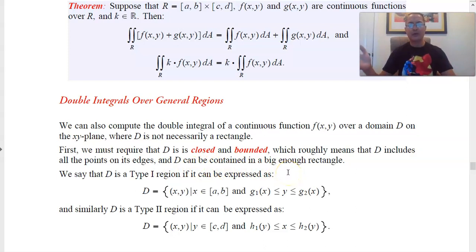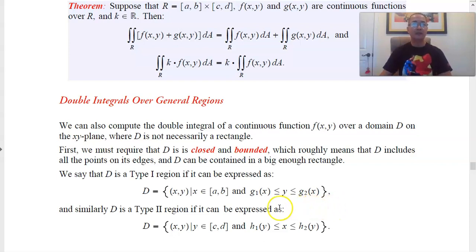In other words, it doesn't go off to infinity, whether x or y or both. Back in 5A, we saw these descriptions, and you might remember them once you see the picture.